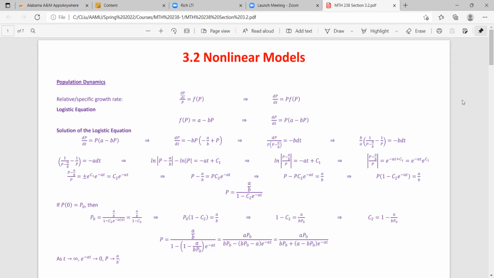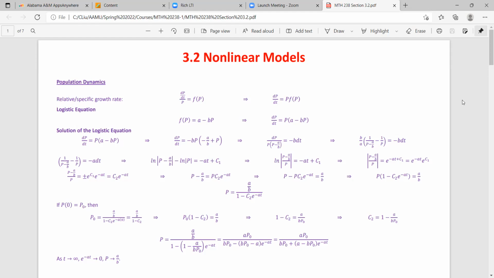Again, we need to determine this arbitrary constant C2, and that can be determined from the initial condition. Suppose initially the population is P0, then we plug in 0 for t and P0 for P in the solution and solve for C2.